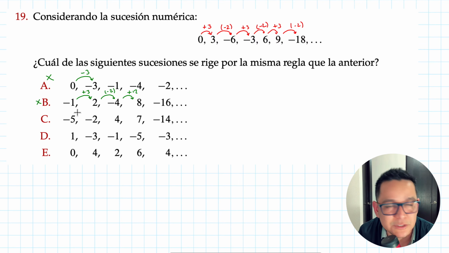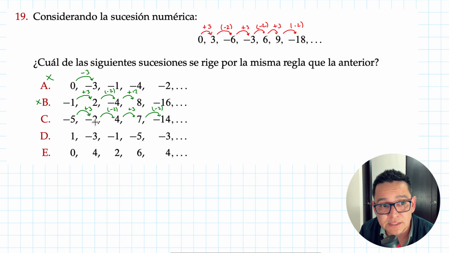Let's see if at least one is correct. Let's continue. From minus 5 to minus 2, you have to add 3. From minus 2 to 4, you have to multiply by 2. That's right. From 4 to 7, add 3. From 7 to minus 14, multiply by minus 2. The pattern is plus 3, times minus 2, repeating.